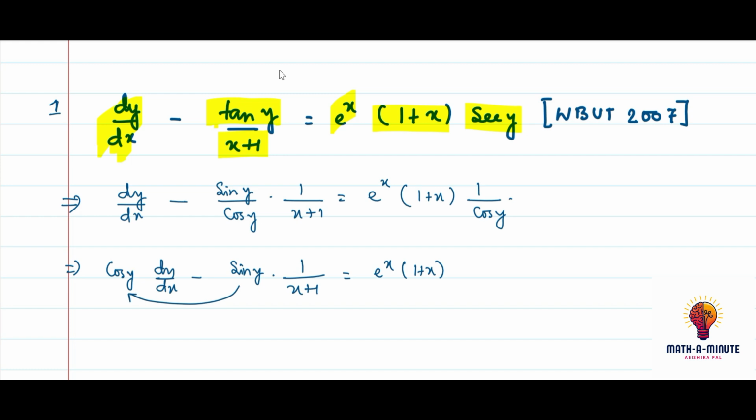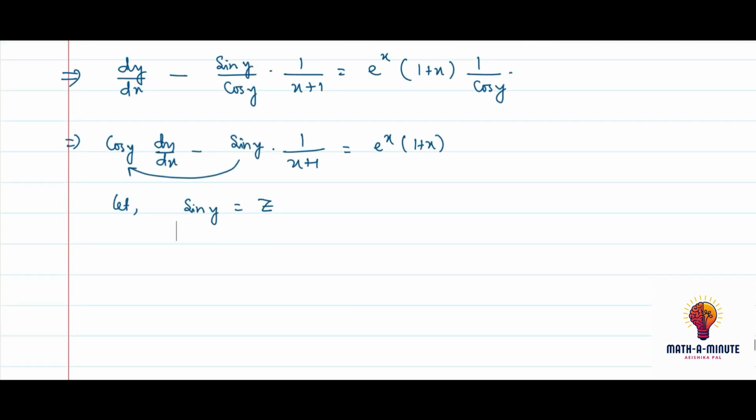So if we consider that sin y equals to z and differentiate this equation with respect to x, so it will be cos y dy/dx equals to dz/dx.